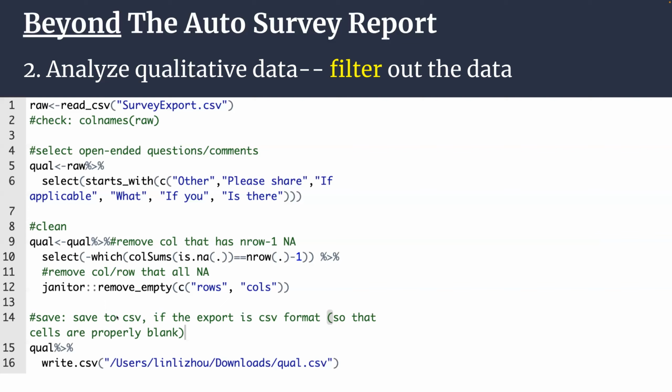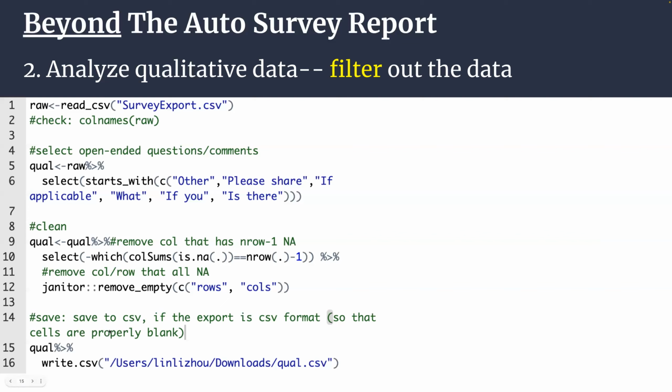So in summary, we've selected the open-ended questions, cleaned them a bit, and lastly, we're going to save this variable into a CSV or Excel if you prefer. This variable contains all the open-ended questions as different columns, cleaned so that we don't have fully empty or nearly empty columns.